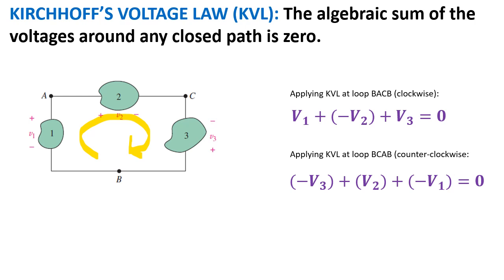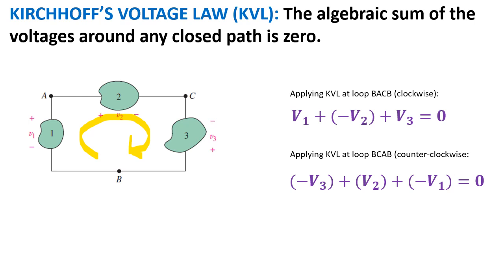Then from node A to C, you can see our loop enters plus and exits minus. So we get a negative V2, right here.